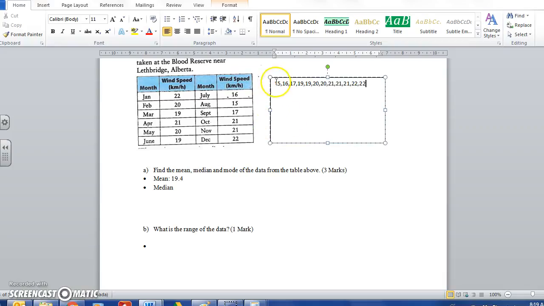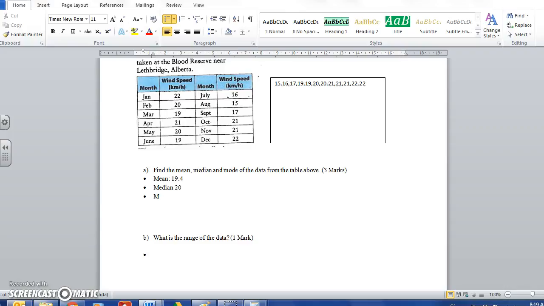So I need to find out what my middle number is. So I have 1, 2, 3, 4, 5. And then on this side, I have 1, 2, 3, 4, 5. So these two numbers are in the middle. They're both 20, so that's good for me. And my mode, the number that occurs most often, is going to be 21.